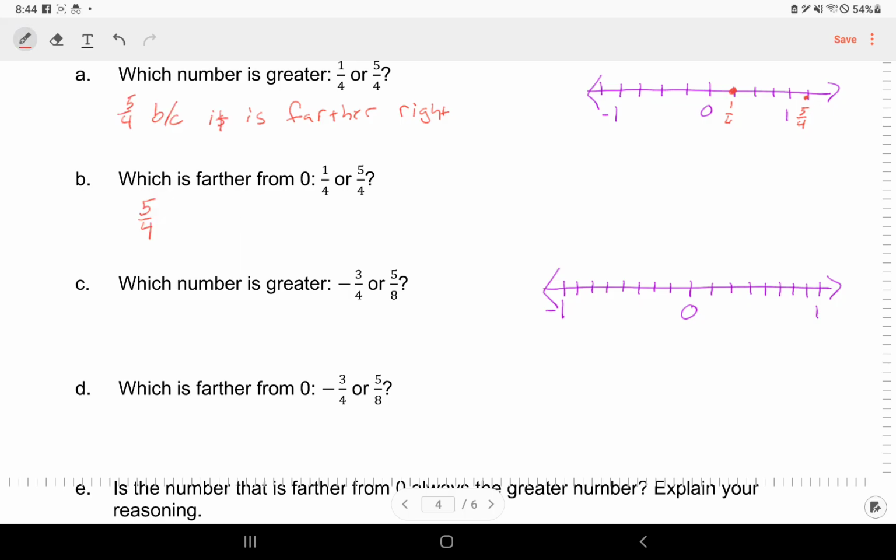Now, -3/4, well, that's -6/8. Okay, 1, 2, 3, 4, 5. 1, 2, 3, 4, 5. So that's -3/4. And 5/8. 1, 2, 3, 4.